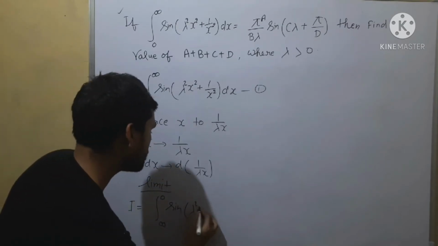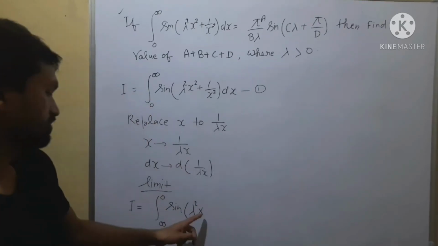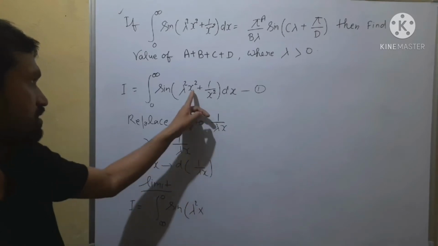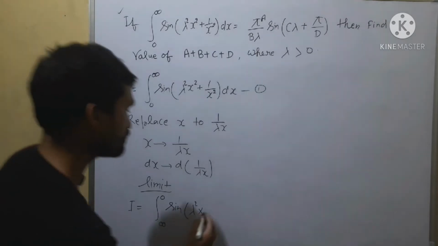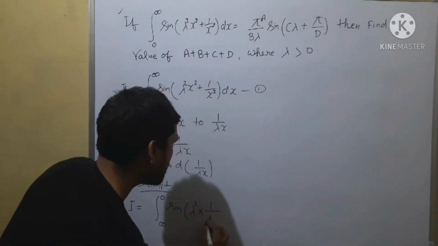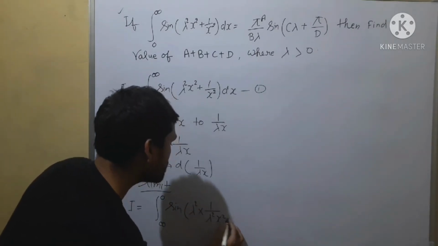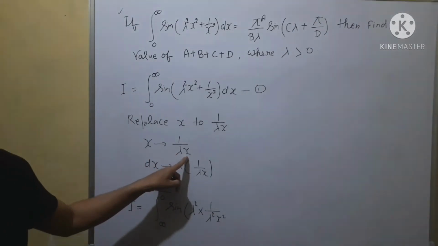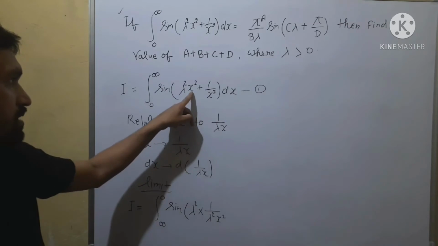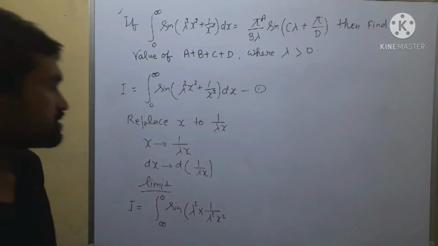And now it will be sin of lambda square into, we will put the value of x as 1 by lambda x. So it will be lambda square x square, where the value of x is 1 by lambda x, so it will be 1 by lambda square x square.